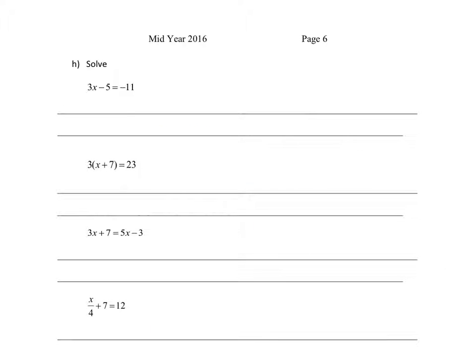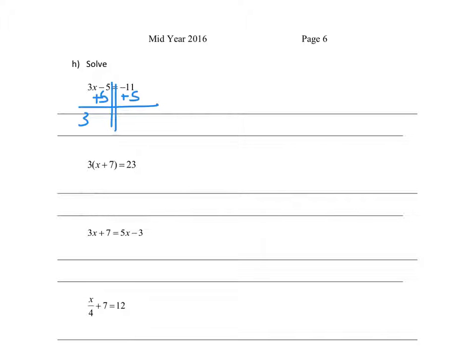And the next one, we're looking at solving. So the easiest way to think about this is if you do kind of what we call the river. I want x by itself. To solve, I need to find a value for x. So I'm going to add 5 to get rid of that 5, add 5 on that side.